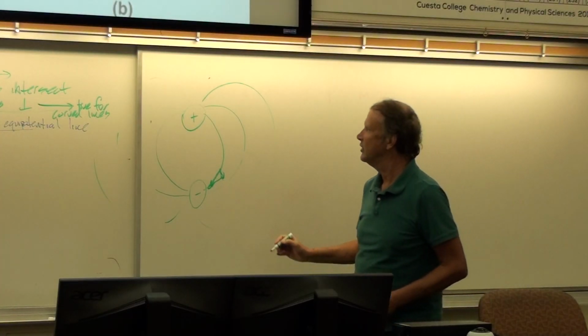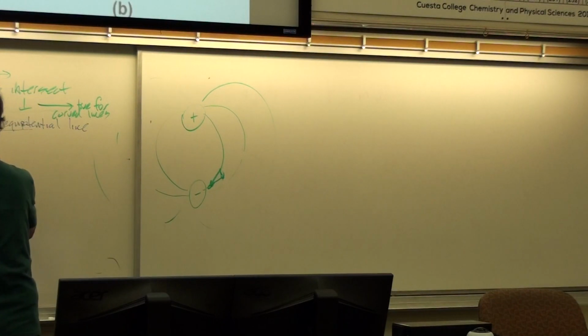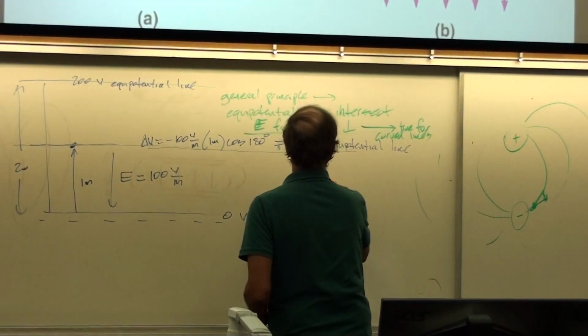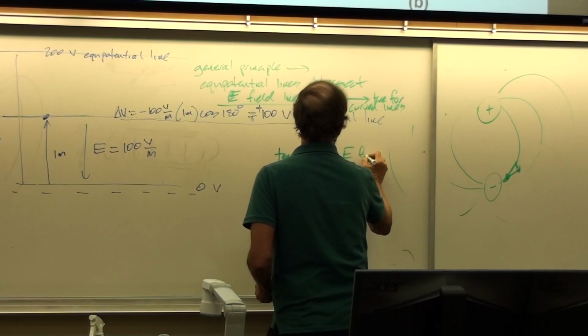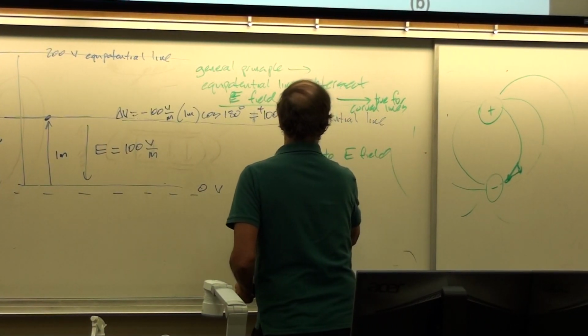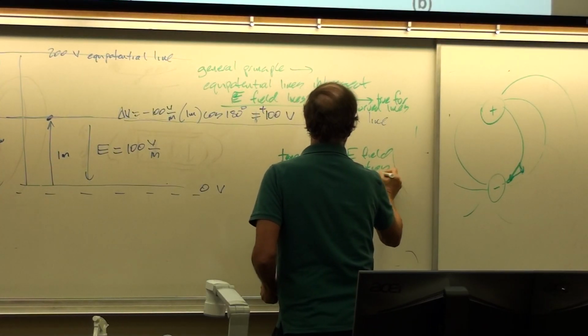And so that's our general utility then of the electric field lines, is that tangent to an E field gives the direction of E.